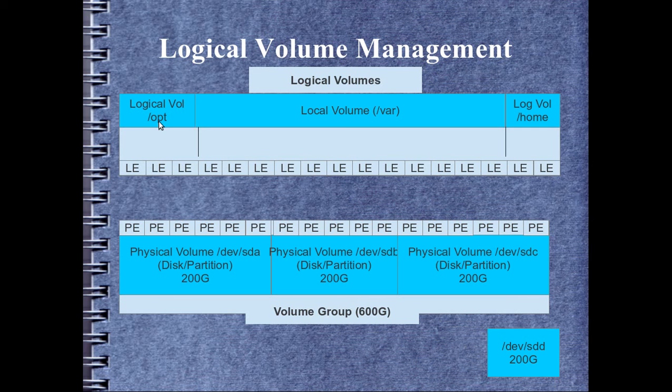And the size of the logical volume should be in multiples of logical extents. By default, it's 4 MB. It means by default, it's not possible that you can create a logical volume of 2 gigs or 6 gigs. It should be a multiple of the size of logical extent, which is 4 MB.